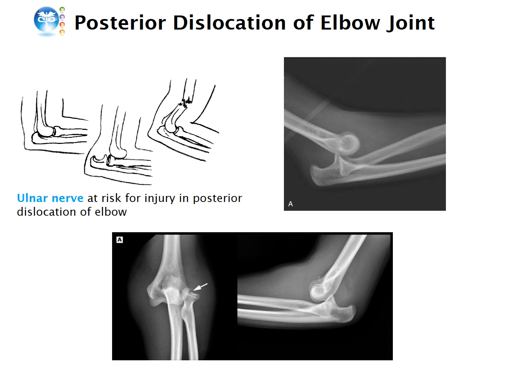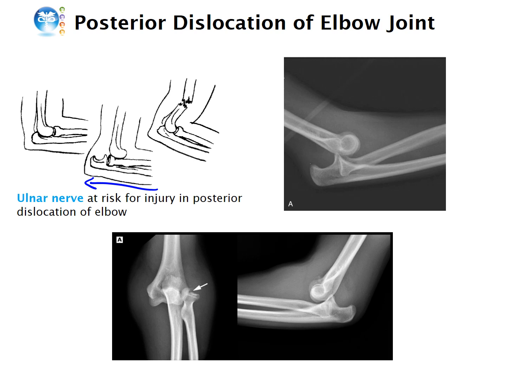In a posterior dislocation of the elbow, the radius and ulna are displaced behind the distal humerus, as shown here. And when this happens, the ulnar collateral ligament is often torn in conjunction with the dislocation. It is also possible for the head of the radius and the coronoid process to become fractured during a posterior dislocation.